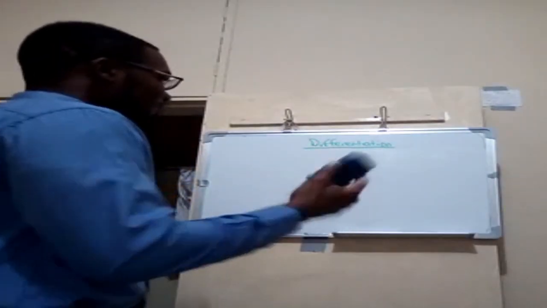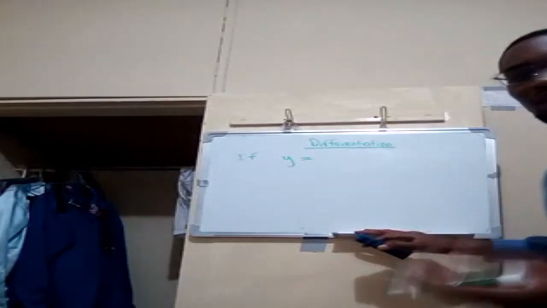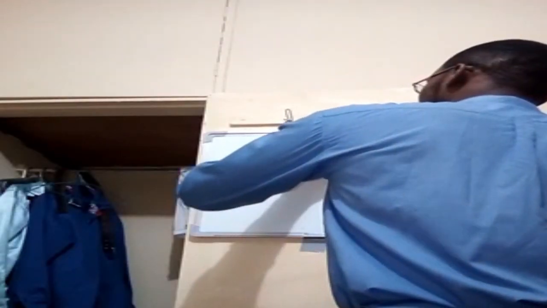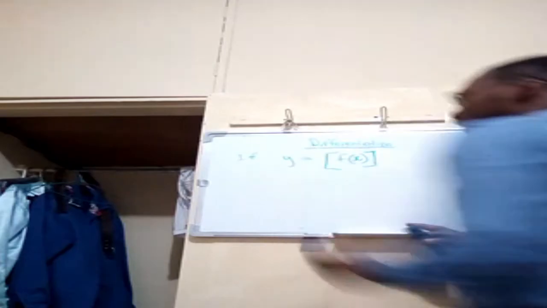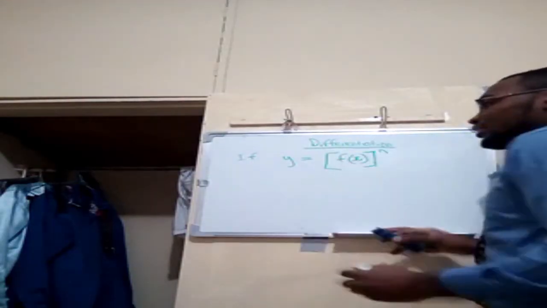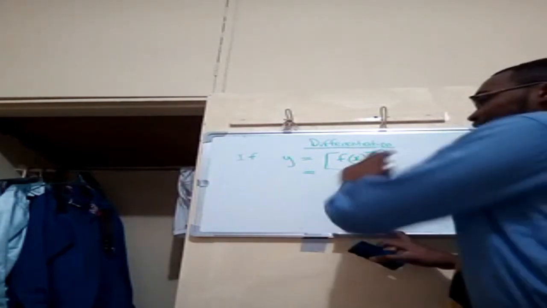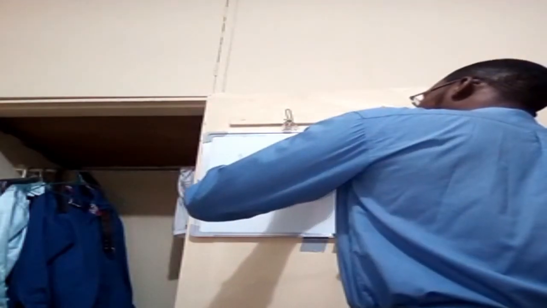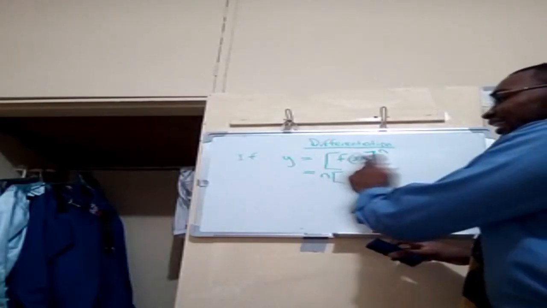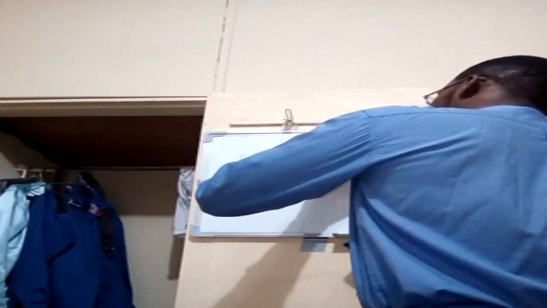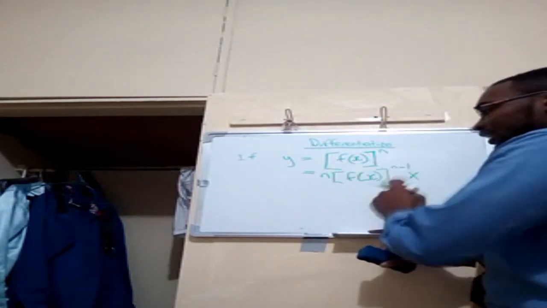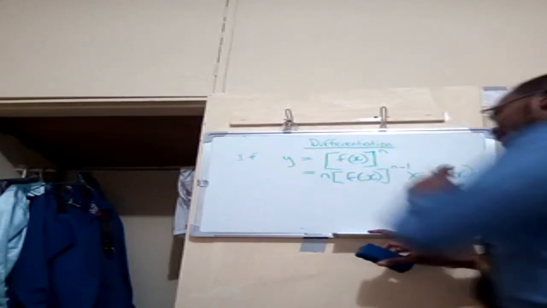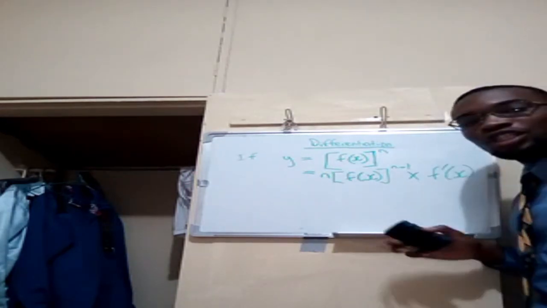So the chain rule: if y is equal to a function of x, an inner function of x, raised to the n, then dy by dx is equal to, we bring down the power n, then we subtract 1 from the power, so we write n minus 1, times the derivative of the function inside the bracket, which we're going to call f prime of x. f prime of x means the first derivative of the function f.